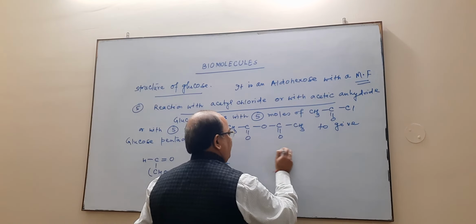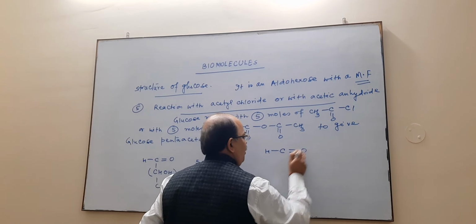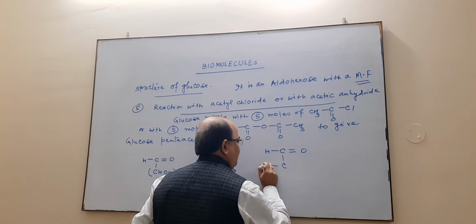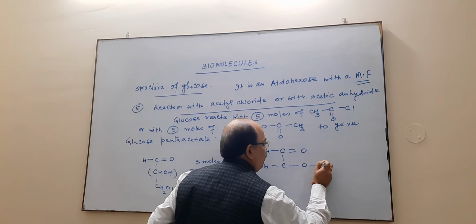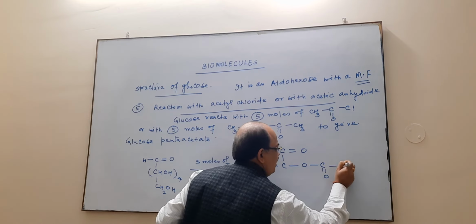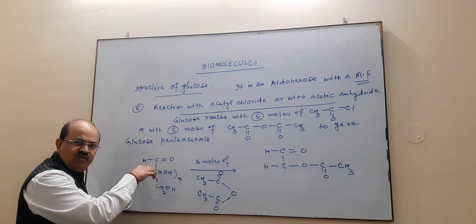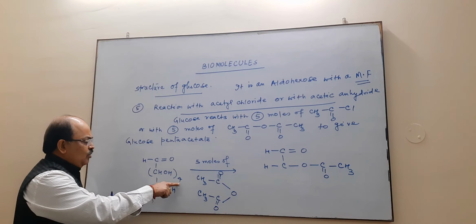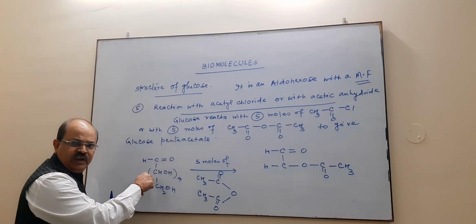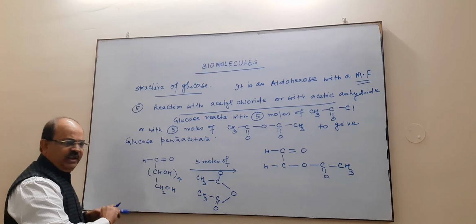Then it will give CHO, and this is CH, O, CO, CH3. So if you break that CHOH, you can write 4 times CHOH, again CHOH, again CHOH, like this.